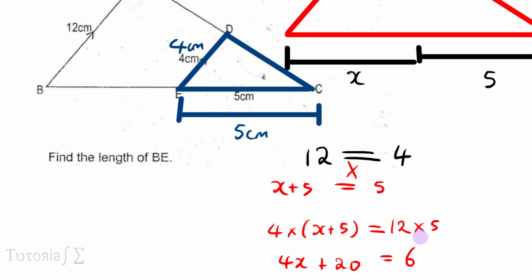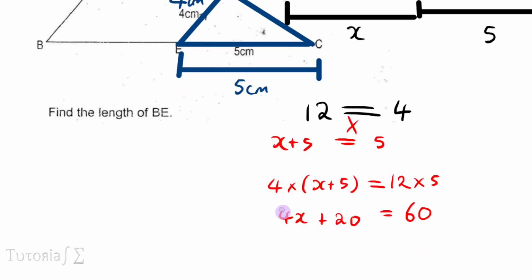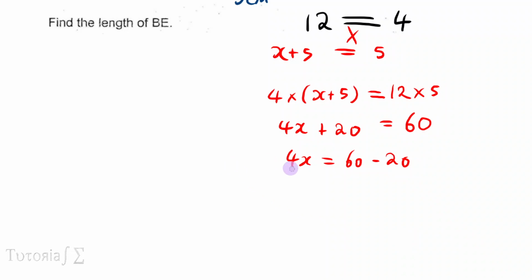Then this side will give us 60. And we can simply transpose, so we're going to have 4x equals 60 minus 20. Then we say 4x is equal to, what is 60 minus 20? That is 40. And we say over 4 over 4. This cancels, your x would be equal to 10.